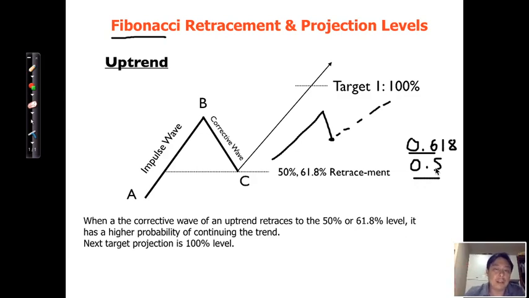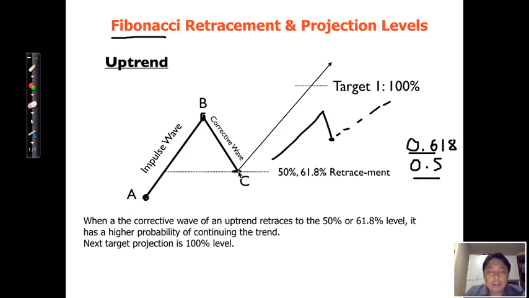So what it means is this, okay? When you look at a wave pattern, always think in terms of A, B, C. A is the start of the impulsive wave. B is the end of the impulsive wave. And C is the end of the corrective wave, in other words, where we want to buy, right?